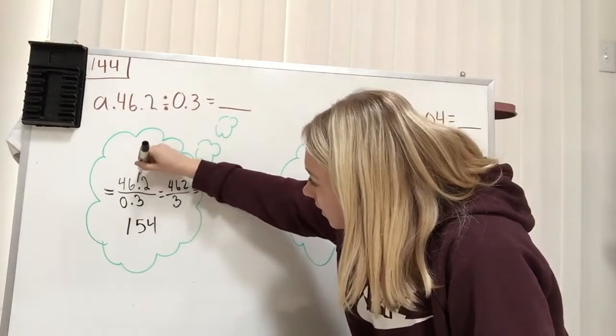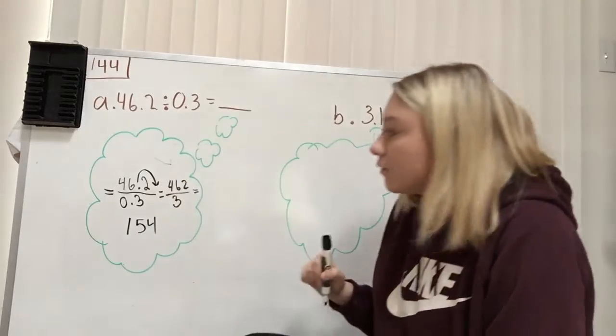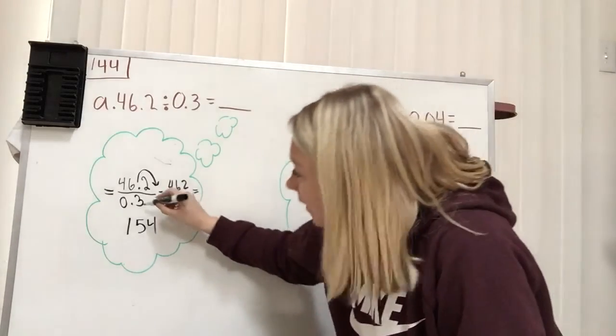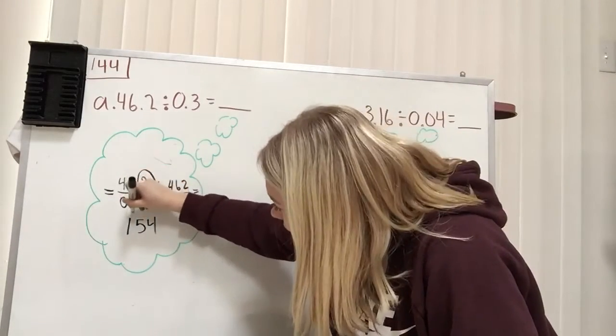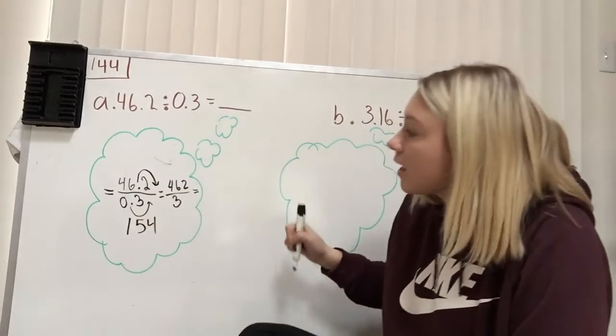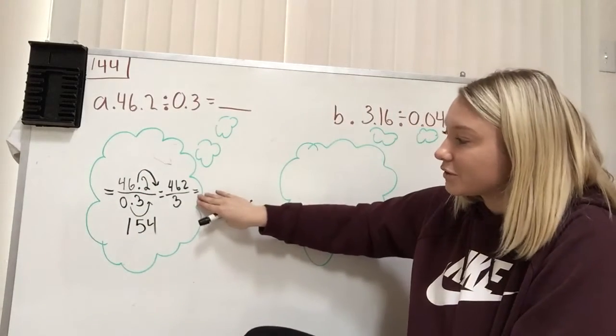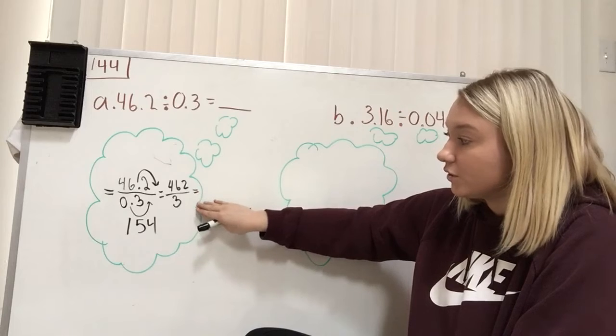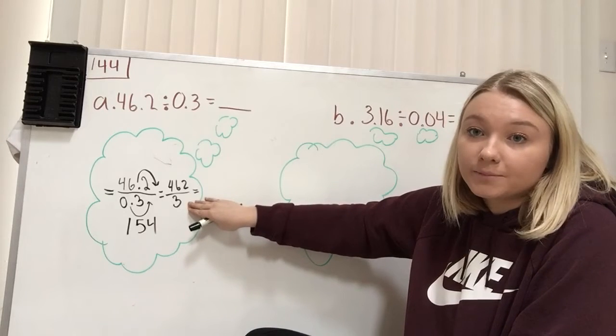This little arrow says this decimal is going to move to the right, and also this decimal is going to move to the right as well. And that's where they got the 462 over 3, okay?